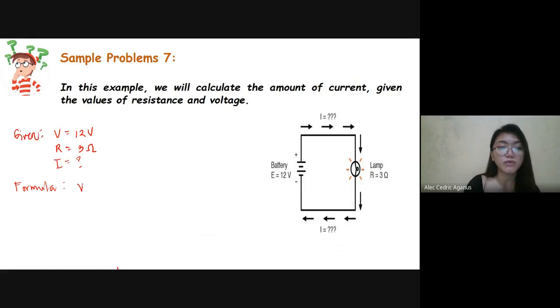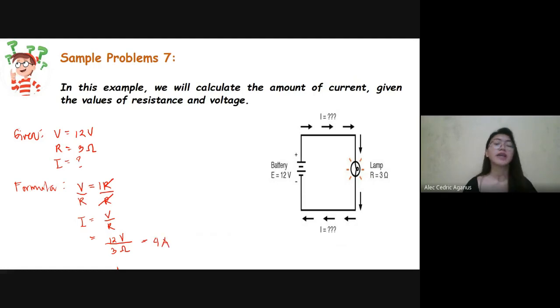So our original formula is V is equal to IR. Then divide both sides by R this time. Cancel R. Now we have I is equal to V divided by R. So our V is 12 divided by your R, that is 3 ohms. So to make sure, use your calculator. 12 divided by 3 is equal to 4 amperes. So for number 2, the final answer is 4 amperes.